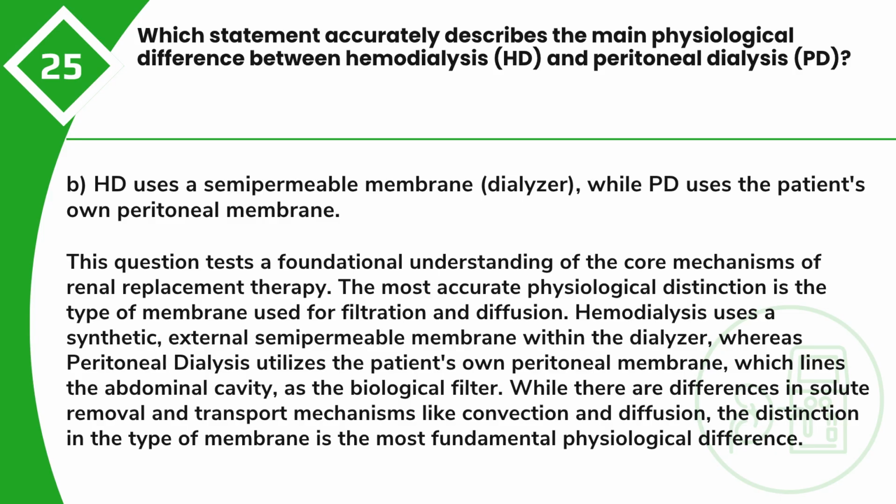Hemodialysis uses a synthetic, external semi-permeable membrane within the dialyzer, whereas peritoneal dialysis utilizes the patient's own peritoneal membrane, which lines the abdominal cavity, as the biological filter. While there are differences in solute removal and transport mechanisms like convection and diffusion, the distinction in the type of membrane is the most fundamental physiological difference.